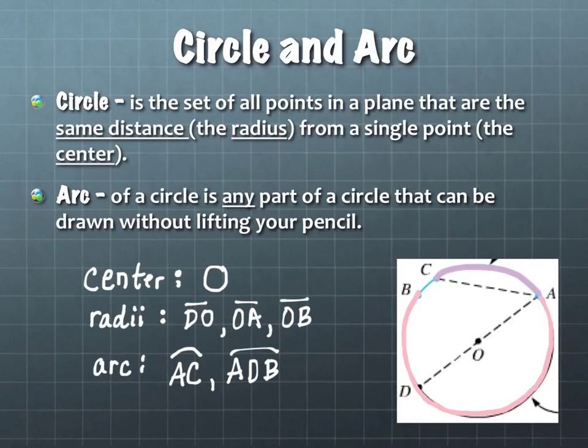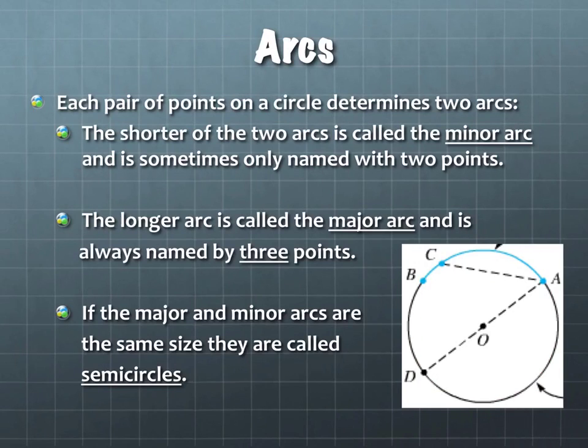Do you have to list all the points that you picked? No, because there's infinitely many points. But you have to be careful, because if I only list AB on this one, you probably would have gone the other direction, right? And there's a notation for that. Each pair of points actually determines two arcs. The shorter arc is called the minor arc, and is usually only labeled with 2 points.